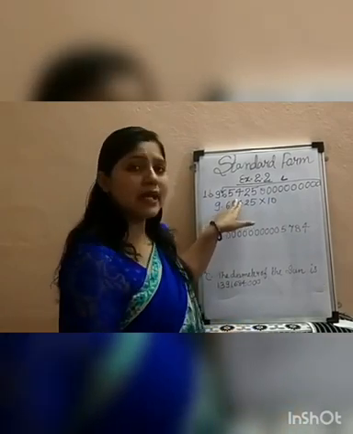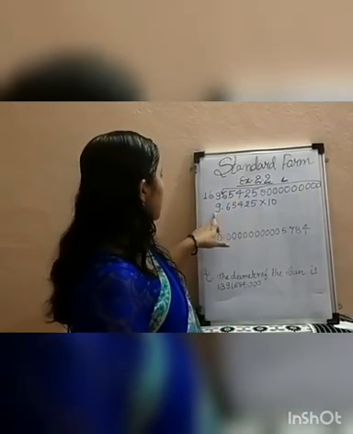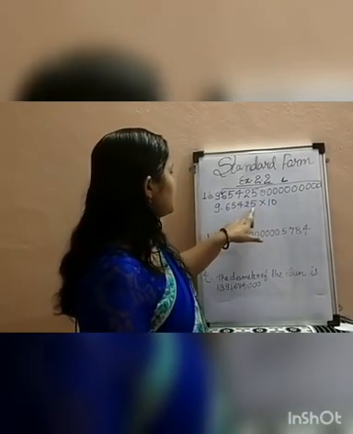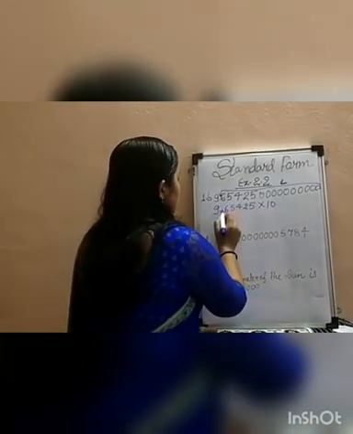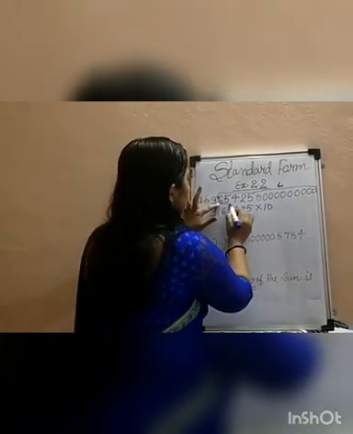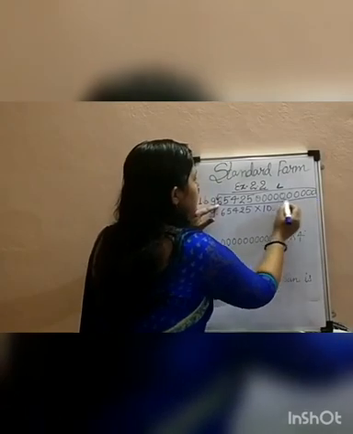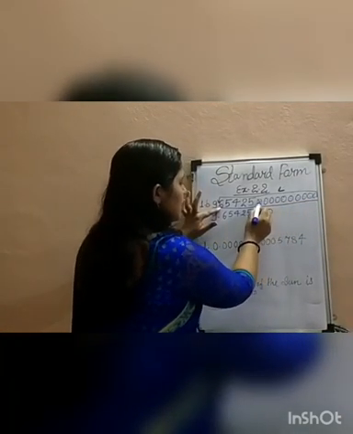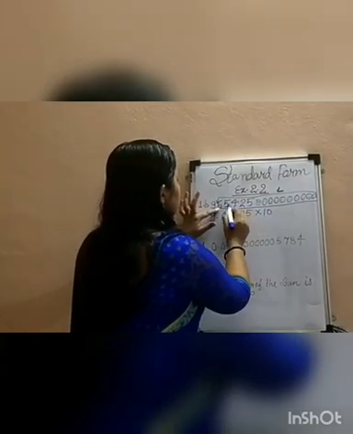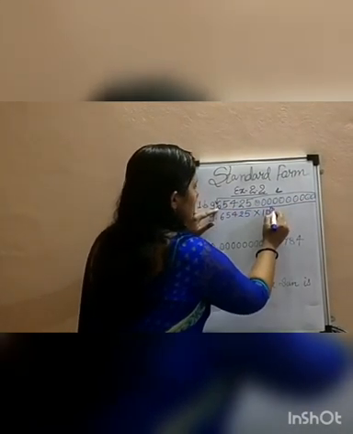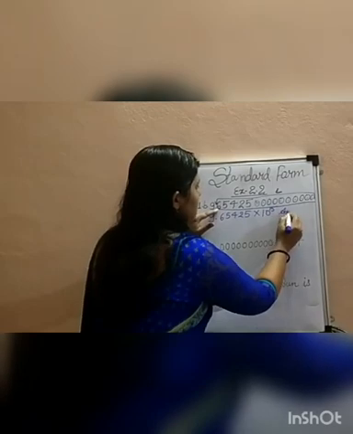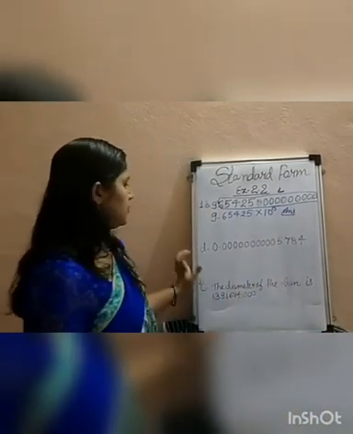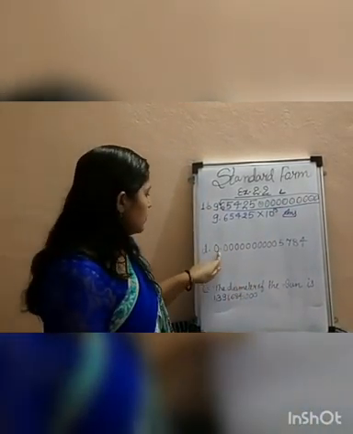The number we can write as it is after the decimal. So 9.65425. Now count the numbers after 9. How many numbers are here? 1, 2, 3, 4, 5, 6, 7, 8, 9, 10, 11, 12, 13, 14, 15. So 10 to the power 15. That is your answer.